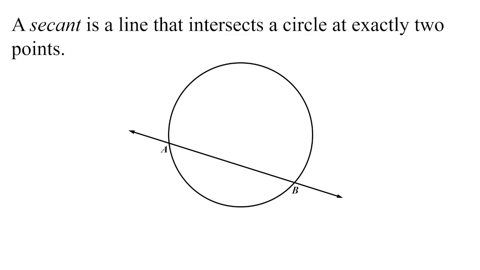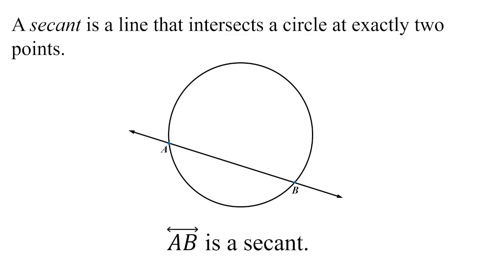Next, we have a secant. It is a line that intersects a circle at exactly 2 points. And we're talking about this point and this point, A and B. So therefore, line AB is a secant.